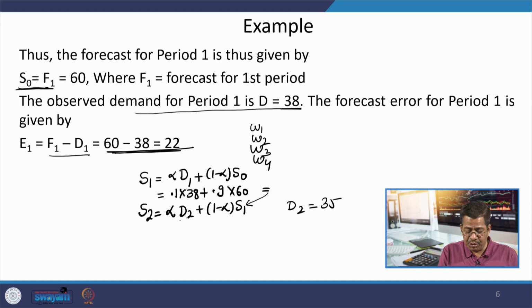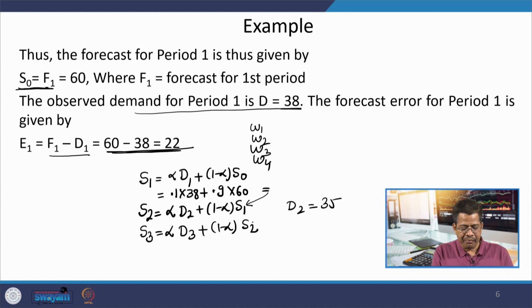Using S1 and D2, you will calculate S2, then S3, alpha D3 plus 1 minus alpha S2, and then you will calculate S4.